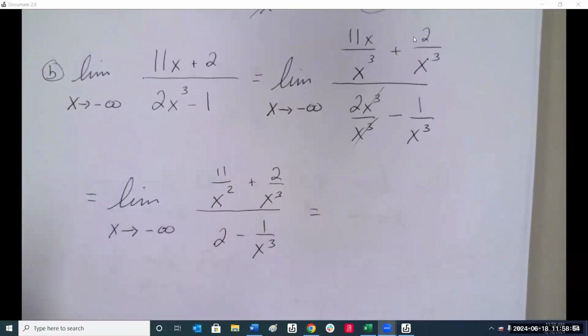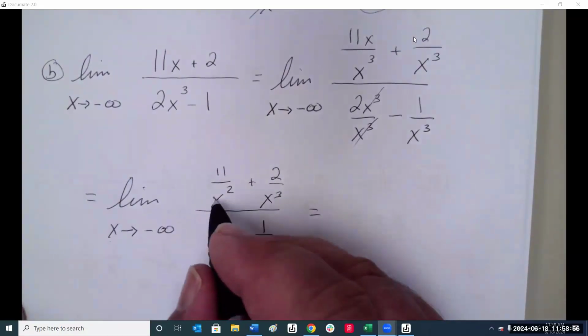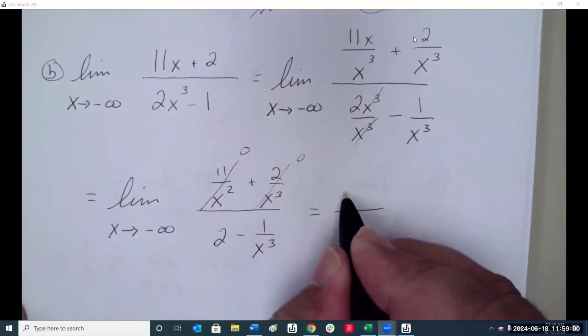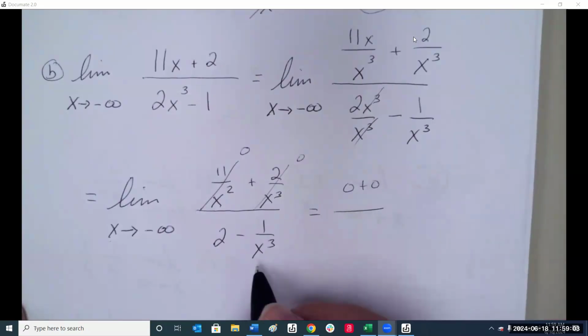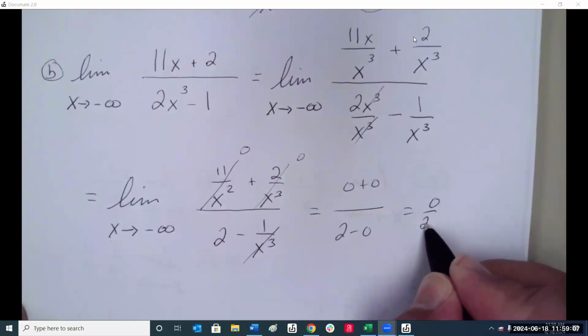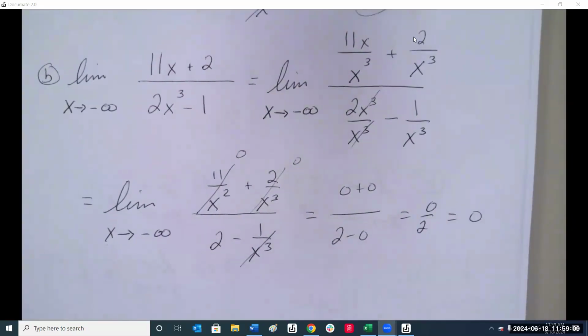As x goes to negative infinity, this one goes to 0. That one goes to 0. That one goes to 0. So we have 0 over 2, which is 0.